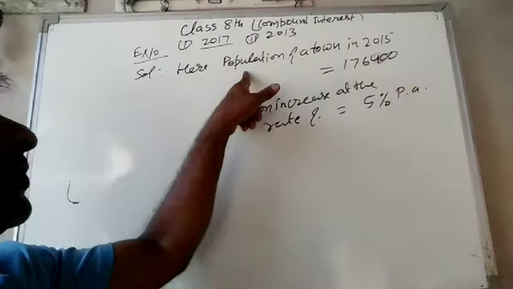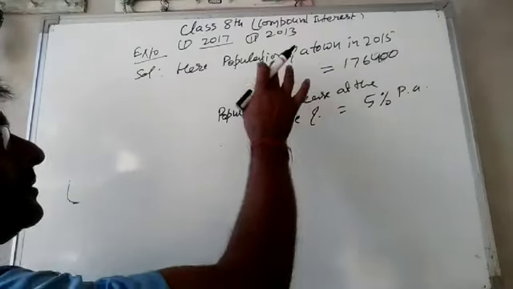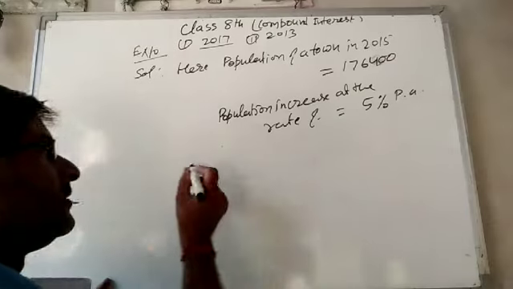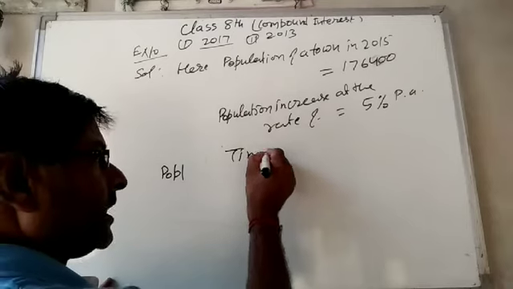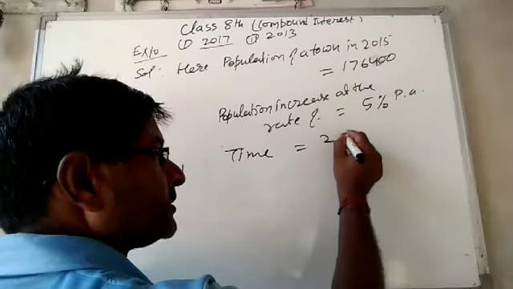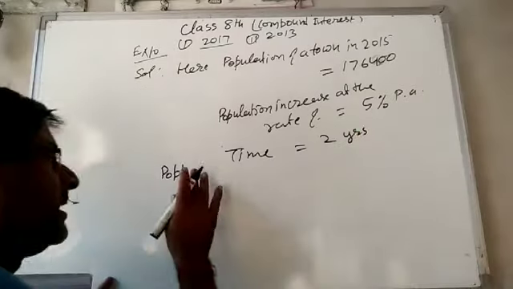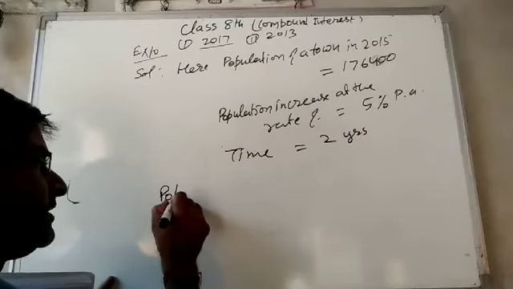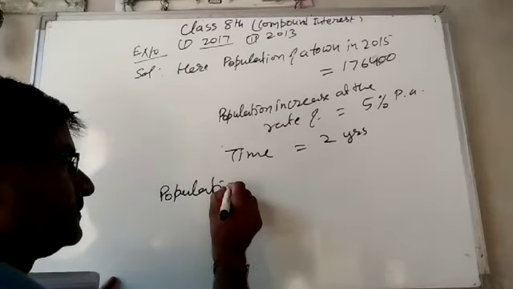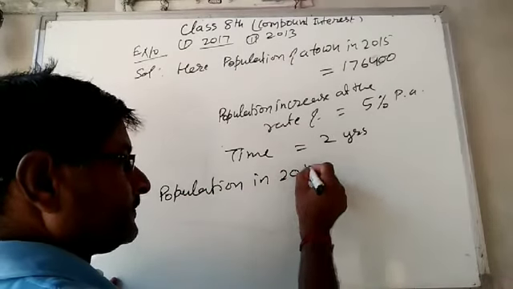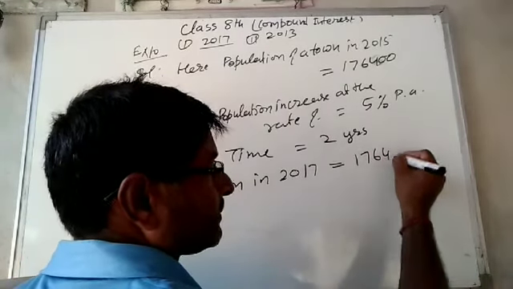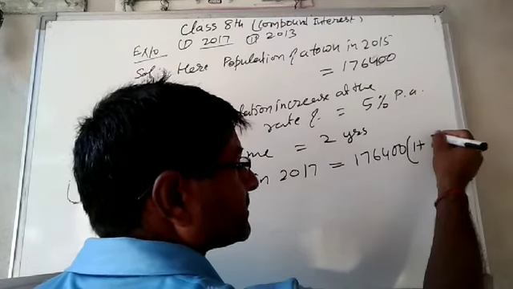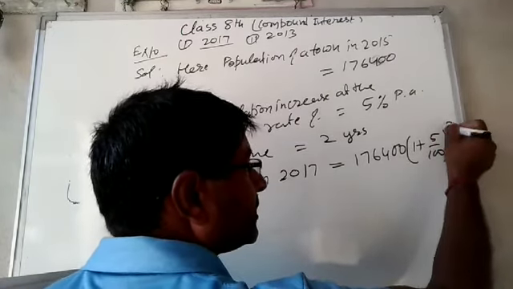You can use it as the principal, but don't give it the name principal. The time here becomes 2 years, 2015 to 2017. So we write: population in 2017 is equal to principal into (1 + 5/100) to the power 2.